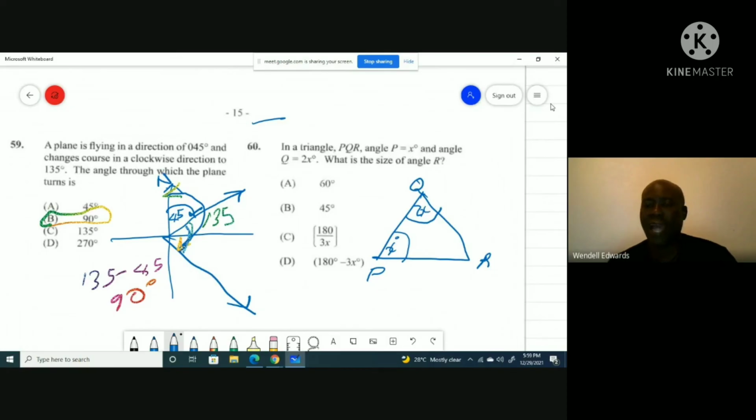Well, it's going to be adding these and taking it from 180 degrees. The total internal angle of the triangle should come to 180 degrees. Therefore, X plus 2X lands us 3X. These are the sum of the two angles here. So the response for that last angle would be 180 degrees minus 3X. That's the concept. We won't get a value, but we have an idea. This is the answer.